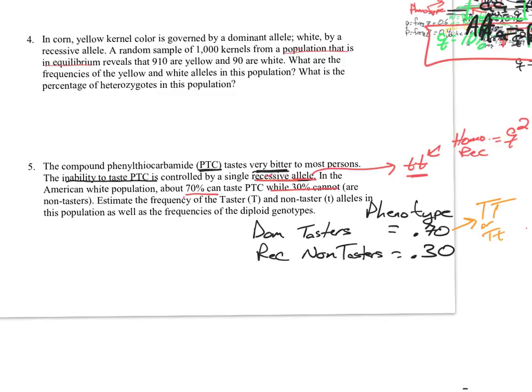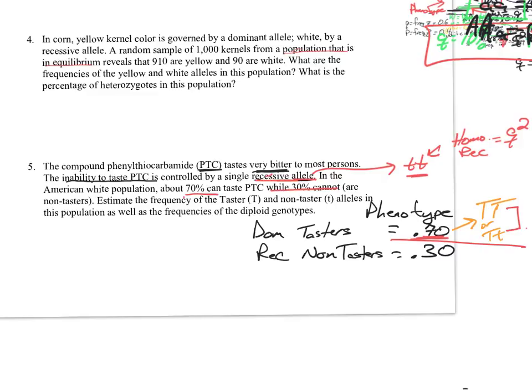And so I can't tell if it's homozygous dominant or heterozygous, because you can't tell that by looking at something. I know the phenotype, but there are two different genotypes that get me the same phenotype. That's the problem with this number. This includes two different groups.